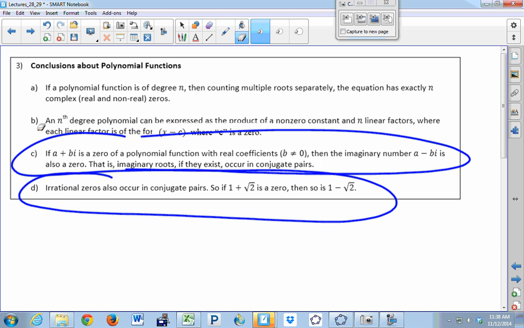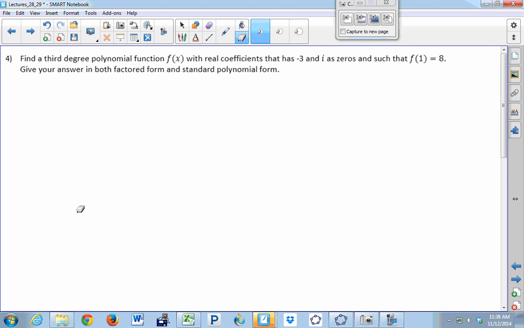This is really important because if I tell you something like the next problem right here: find a 3rd degree polynomial function with real coefficients that has -3 and i as zeros. Stop right there. 3rd degree, n is 3. How many zeros should you have? 3. Do you see 3 zeros listed there?